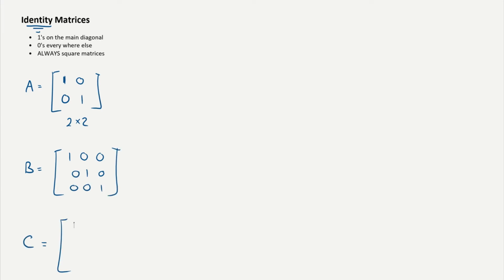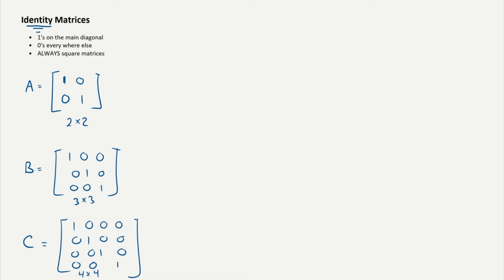While I'm at it, I'll just draw the 4 by 4 identity matrix, so 1s on the main diagonals and 0s everywhere else. So notice also I wrote there that an identity matrix is always a square matrix, so there's always the same rows as columns.